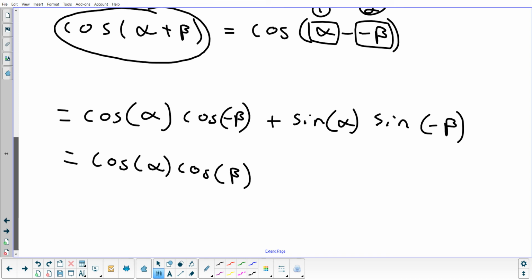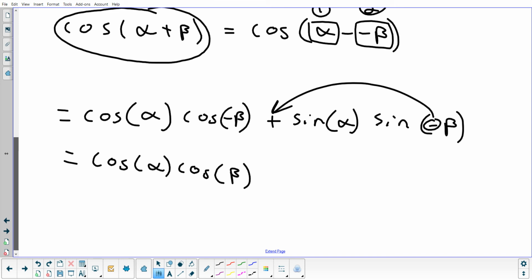Which factor can I simplify in my second term? Yep. The sine of negative beta. I can work with that sine of negative beta, and what happens to that negative inside the argument on the sine function? Yep. It goes in front of the sine. Yeah, it can go in front. We can't get rid of it, but what we can do is move it in front. It basically makes your term multiplied by negative 1.